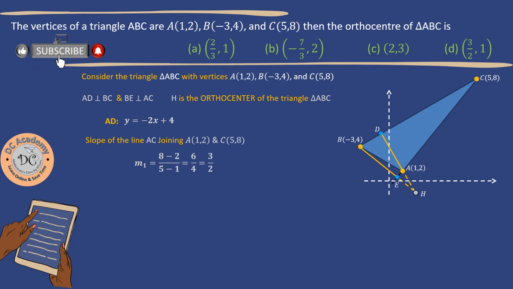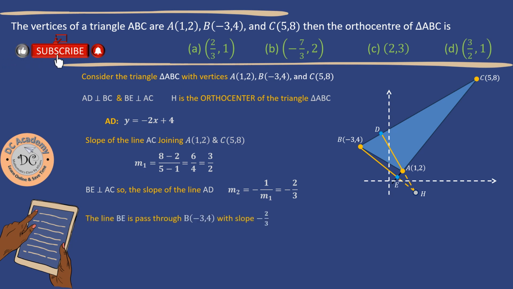Then we find the slope of the line BE. We know that BE is perpendicular to AC, so the slope of BE multiplied by the slope of AC will be -1, and hence the slope of BE is -2/3.